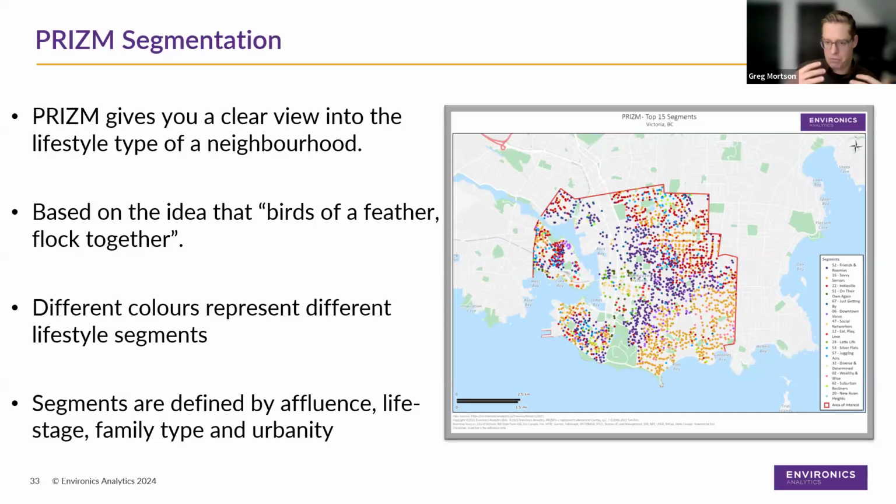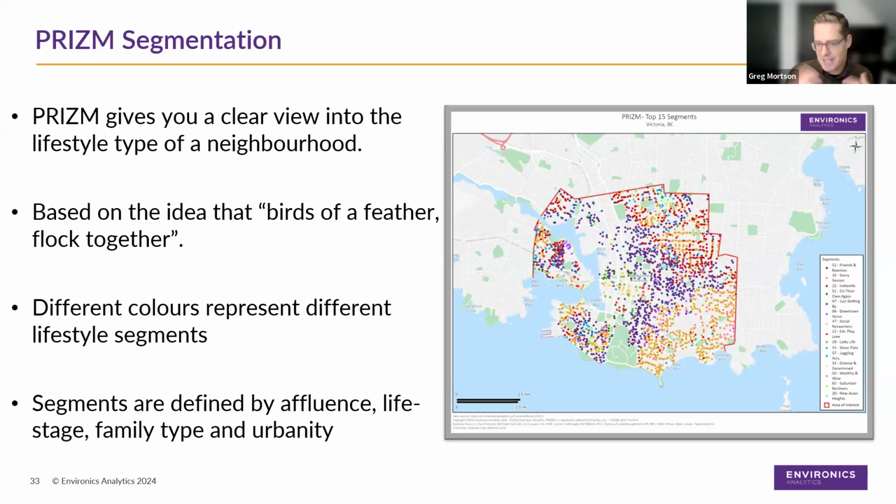So that's one foundational piece. I'd say the other is that it also taps into the idea that once you move into a neighborhood, you start inheriting the behaviors of the people around you. So both of those influences are what's driving this homogeneity at the postal code level.